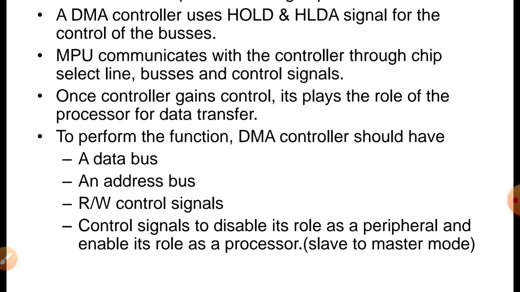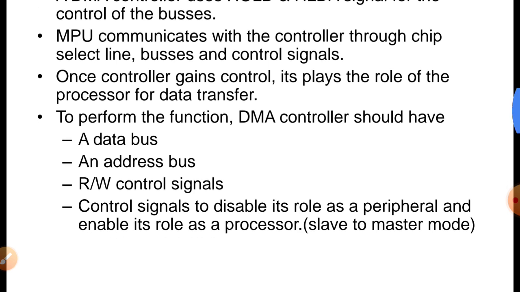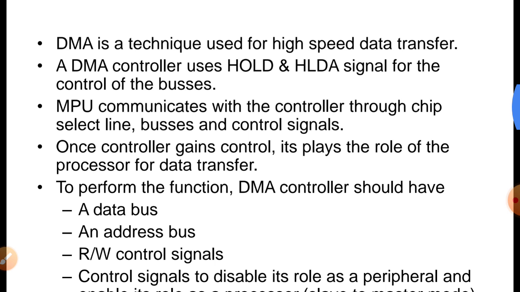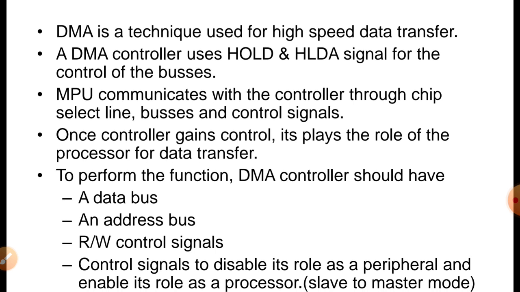So, it means this DMA controller will be using these signals for providing the facility of transferring data in between the two devices. Whenever it is taking the control of all the things, it will be working as a processor.